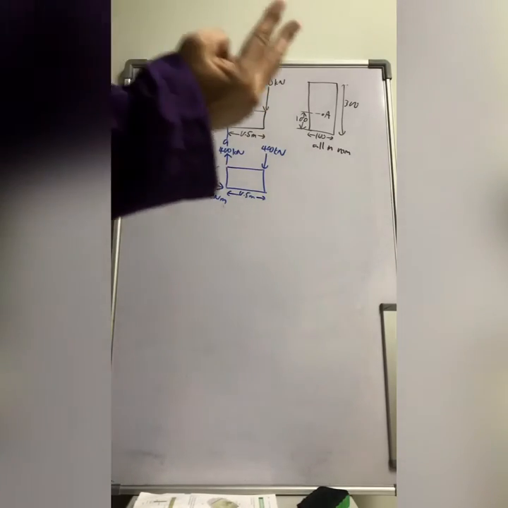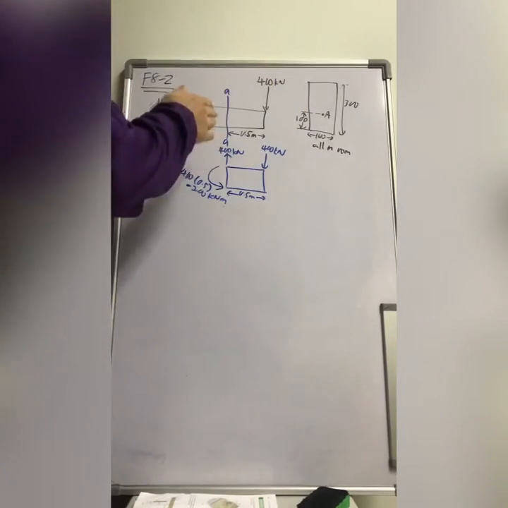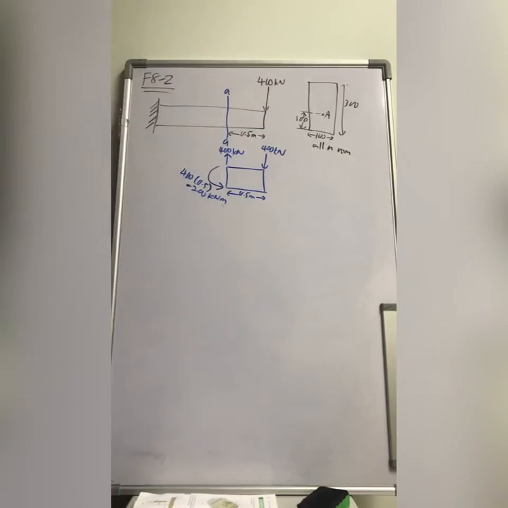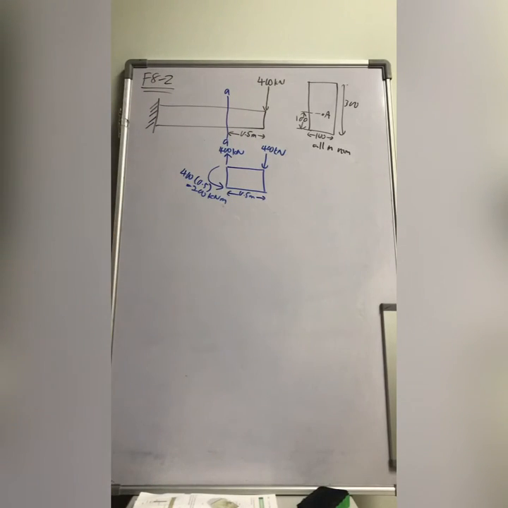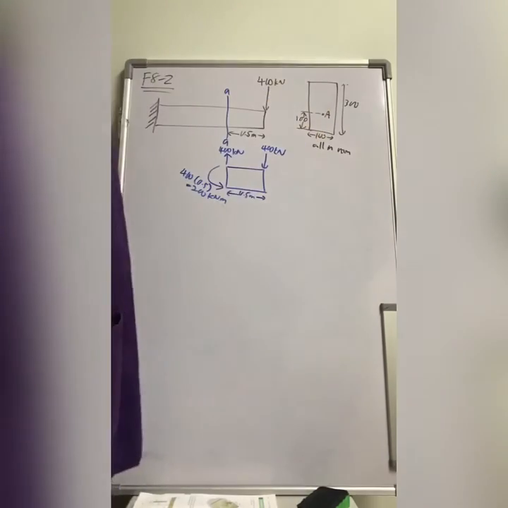So you have two internal loadings here, like in chapter 6 when you draw the beam internal loadings, V and M. Due to these two internal loadings, what happens at this point A?